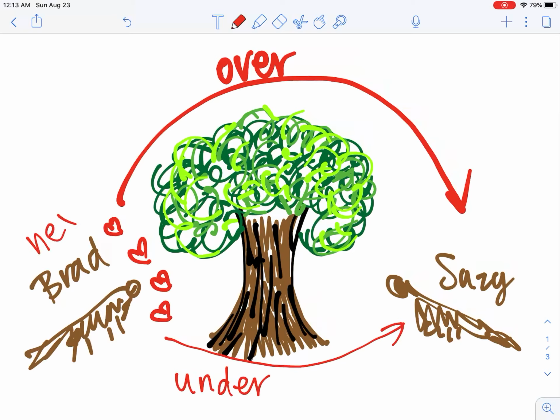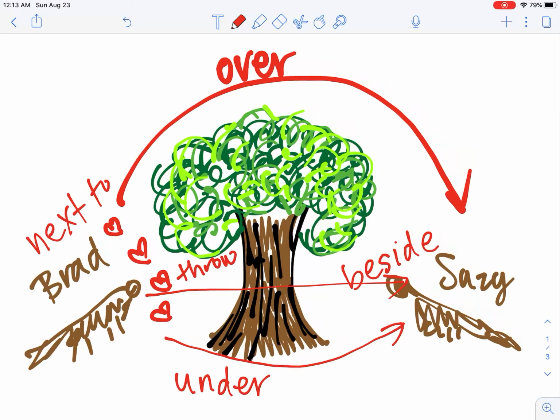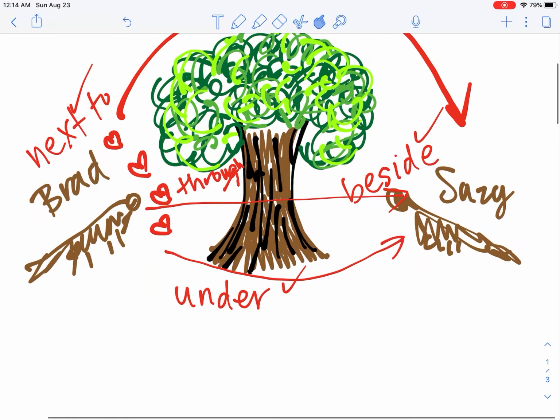Right now, he is next to the tree, and Susie is beside the tree. He's a supersonic Megatronic squirrel, and because he's so motivated, he can go through the tree. So these words that are here, over and next to and beside and through, these are all called prepositions.